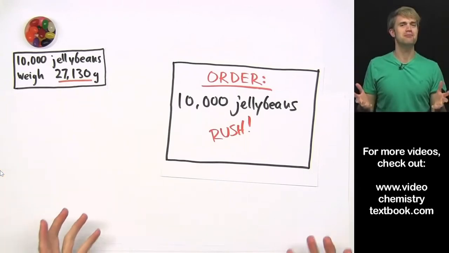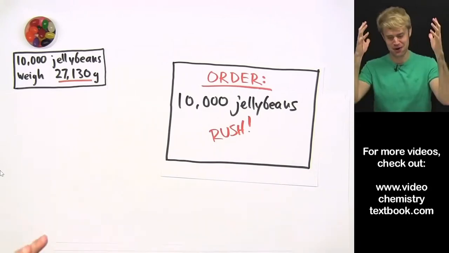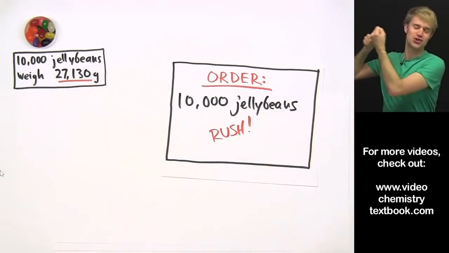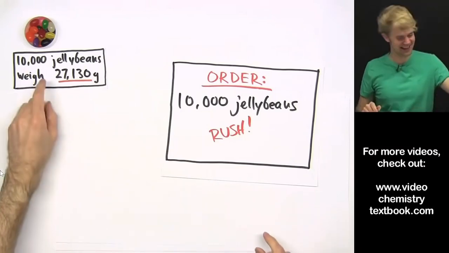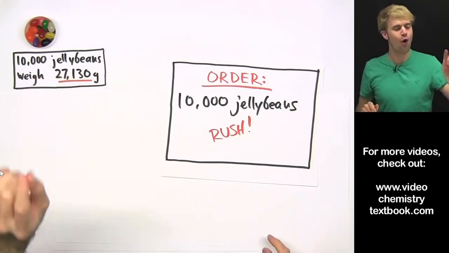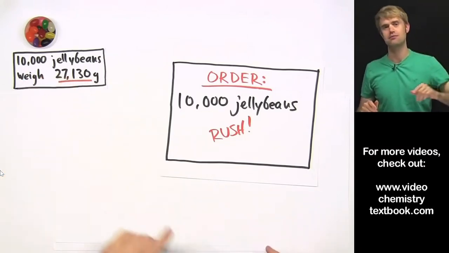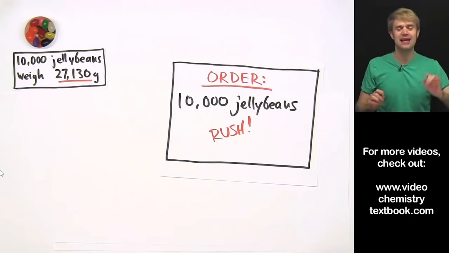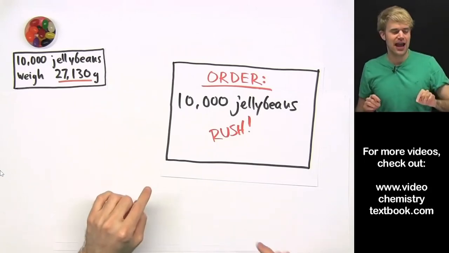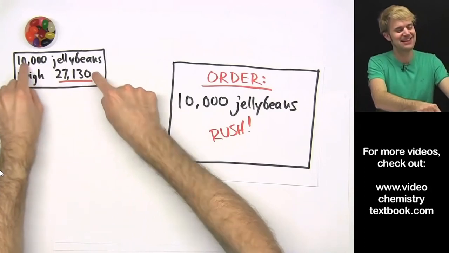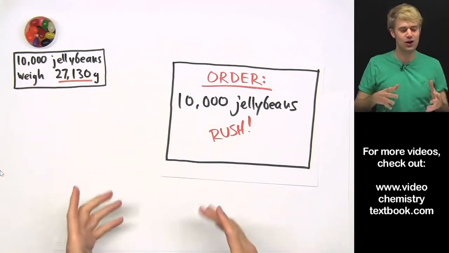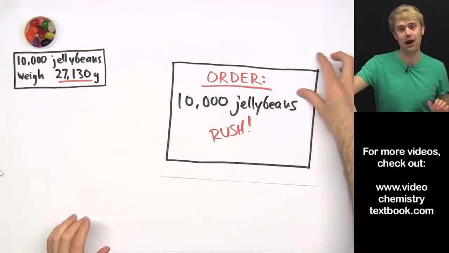That would be really awesome, because then all I would have to do is put a big bag on a scale and just shovel the jelly beans in until I got 27,130 grams of them. So in other words, instead of having to count, if I know how much 10,000 jelly beans weigh, all I gotta do is weigh out that amount.